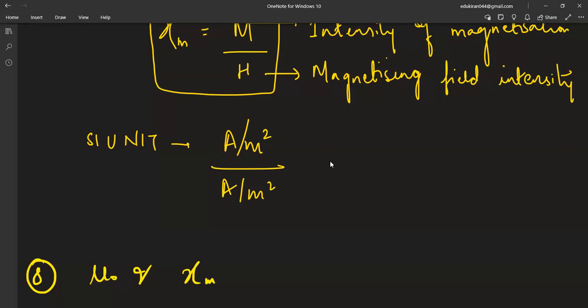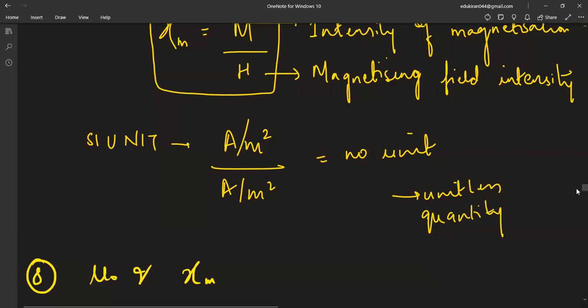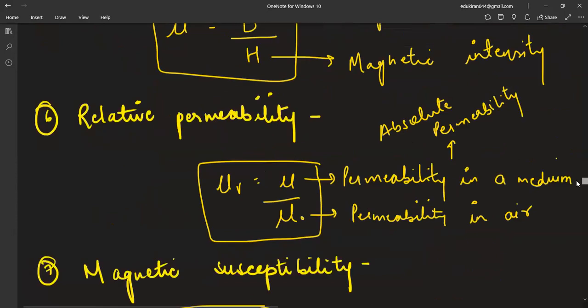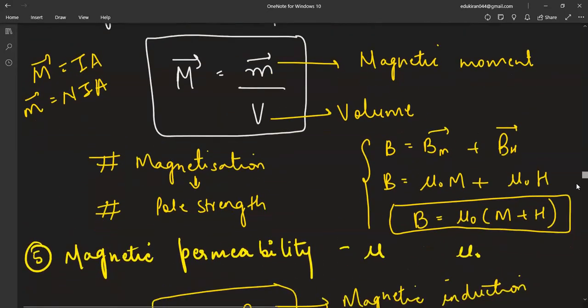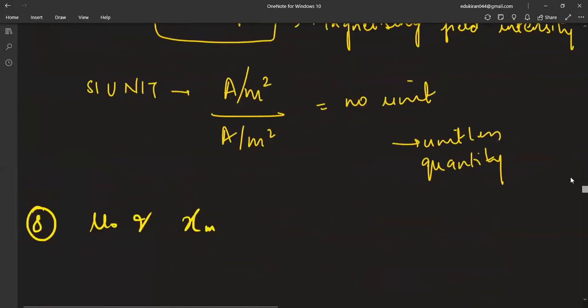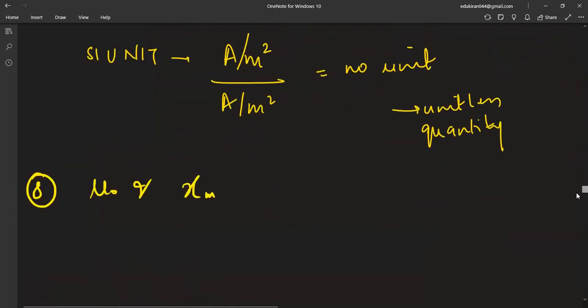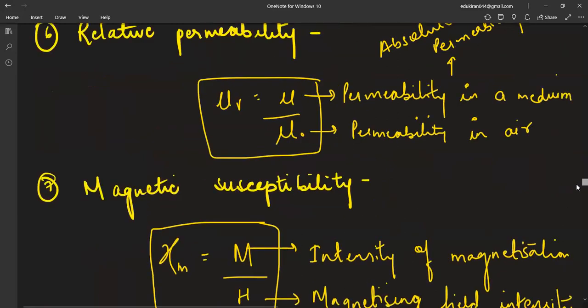So this gets cancelled and you have no unit. So remember, it is a unitless quantity. When we talk about dimensions, it is dimensionless, but you don't need to learn about the dimensions.